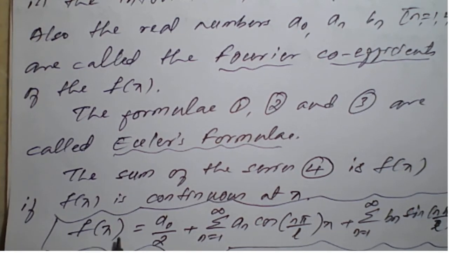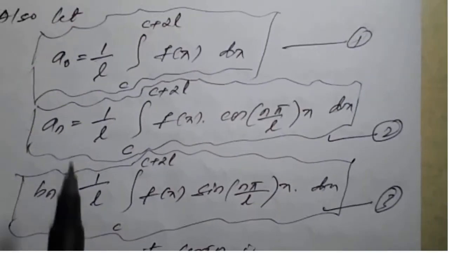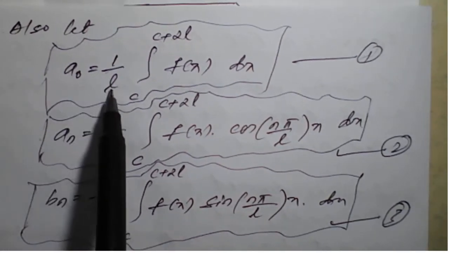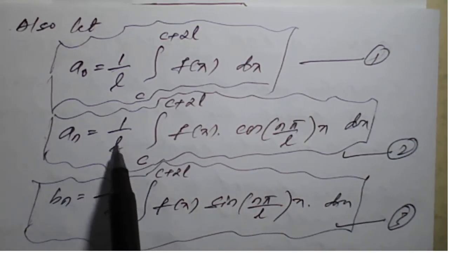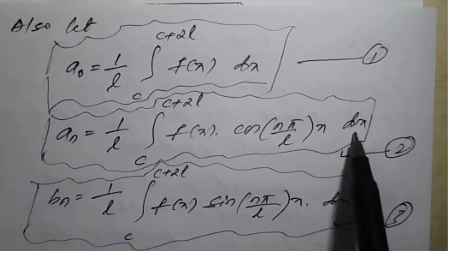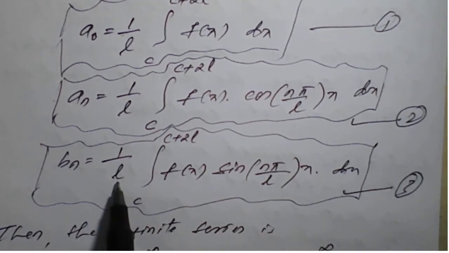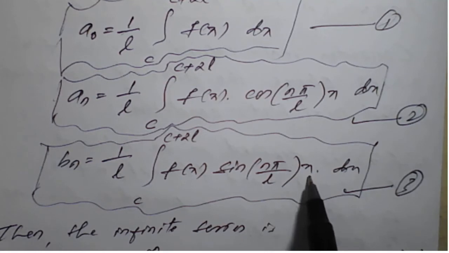You need to remember this, where a naught is 1 upon l integration c to c plus 2l f of x dx, a n is 1 upon l integration c to c plus 2l f of x into cos of n pi upon l into x dx, and b n is 1 upon l integration c to c plus 2l f of x into sine of n pi upon l into x dx.